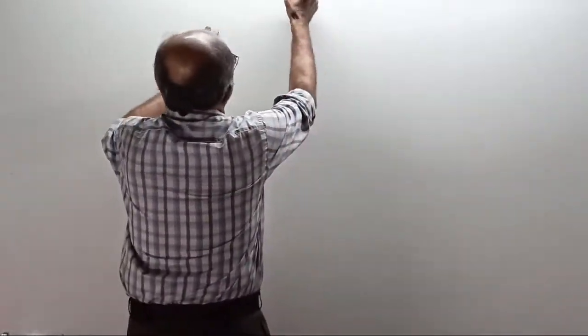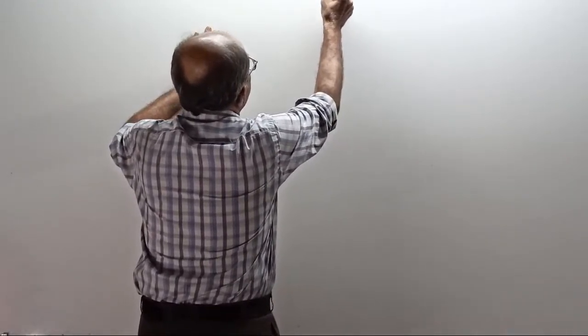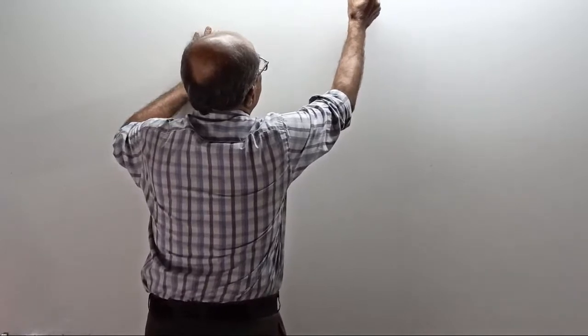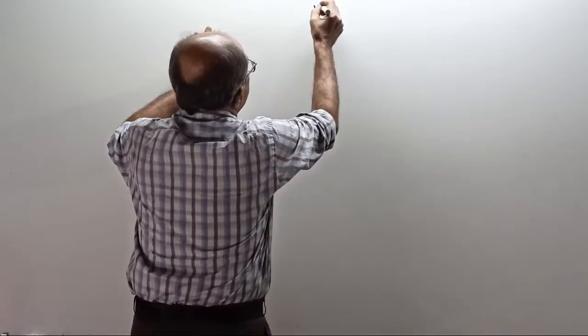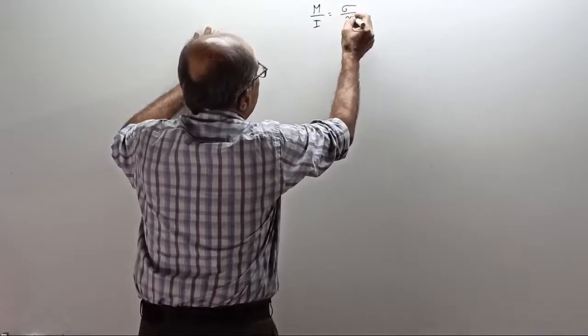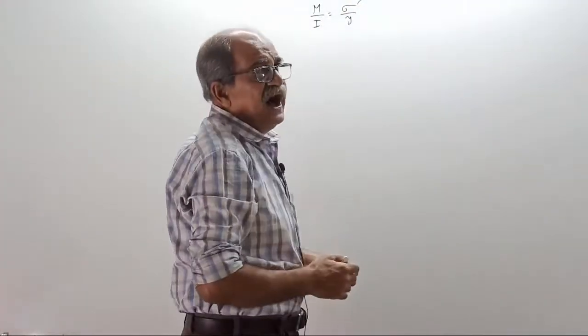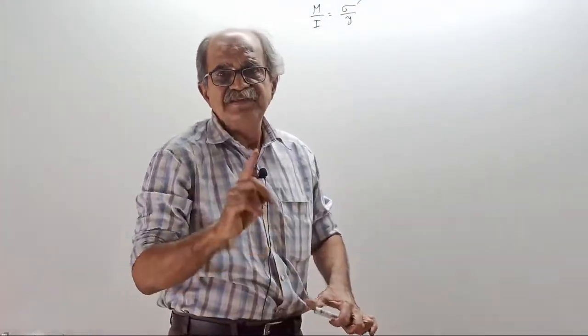See, basic bending theory is M by I equal to, I wrote sigma by Y. Sometimes instead of sigma, you can say F also. See, in RCC I cannot use sigma. There's a reason, I will tell you later.